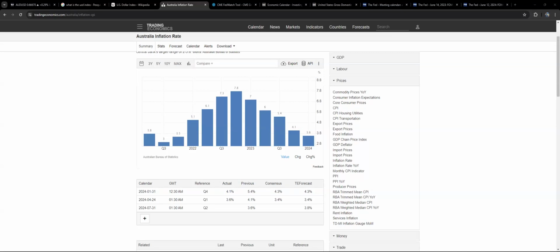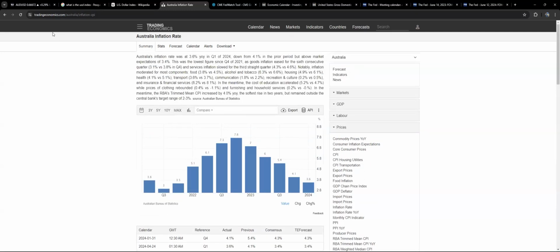The year over year CPI for May increased to 3.6%, and the consensus was expecting 3.4. Oh, sorry, that's quarterly. Let me go for yearly.